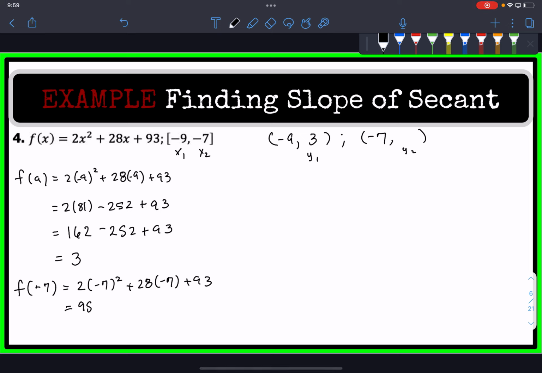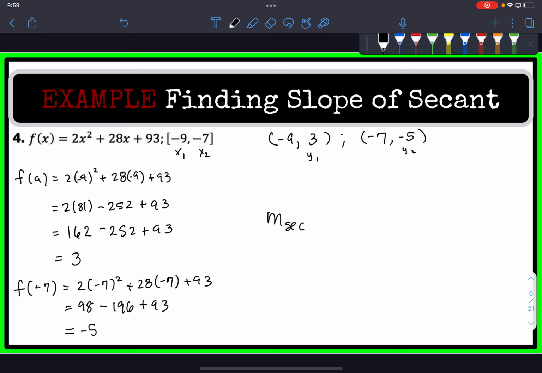That's going to equal 98. 28 times -7. That's equal to -196. Add the 93. And then 98 minus 196 plus 93, that's equal to a total of -5. So that's the second y value.